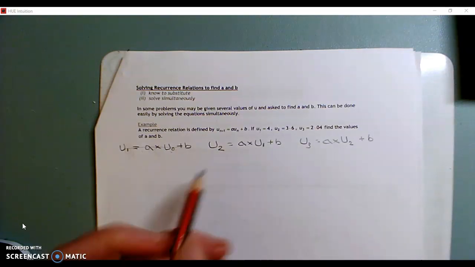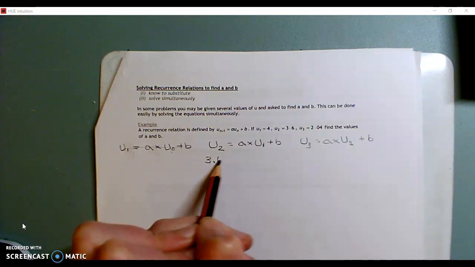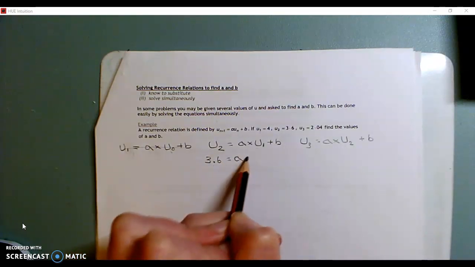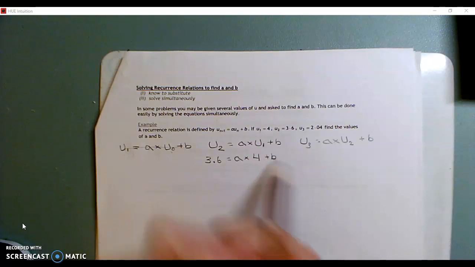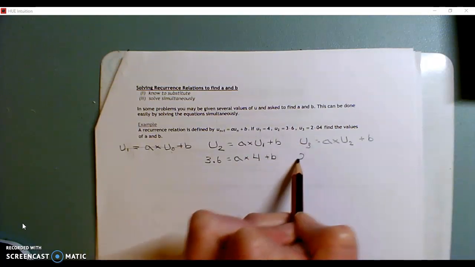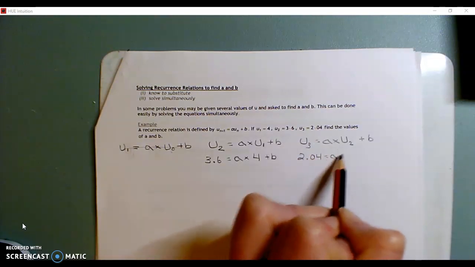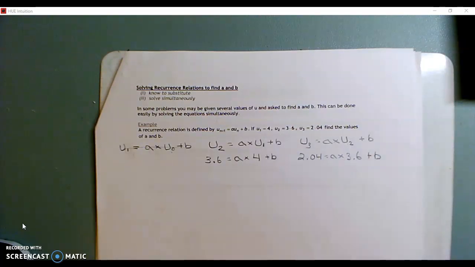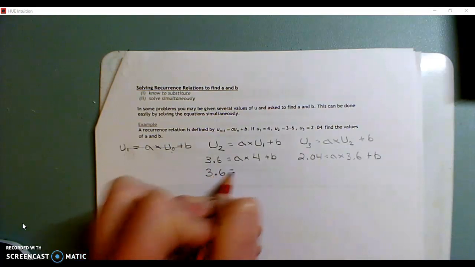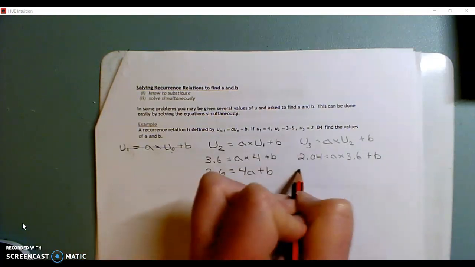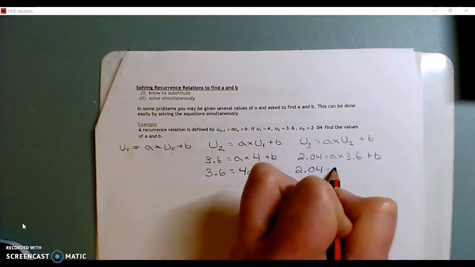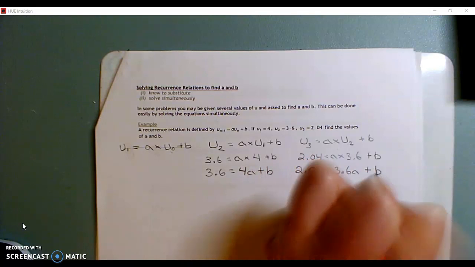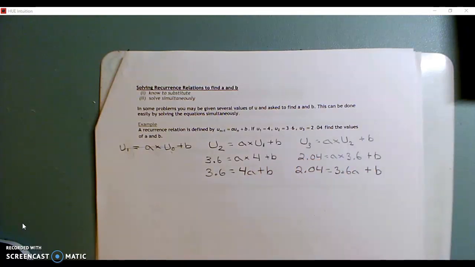So let's substitute in the numbers. u2 is 3.6, which is equal to A times u1 of 4 plus B. Again, we don't know A and B. u3 is 2.04, equal to A times u2, which is 3.6, plus B. Simplifying, 3.6 = 4A + B, and 2.04 = 3.6A + B. So here we formed two equations with two unknowns, A and B, and we can solve them simultaneously.